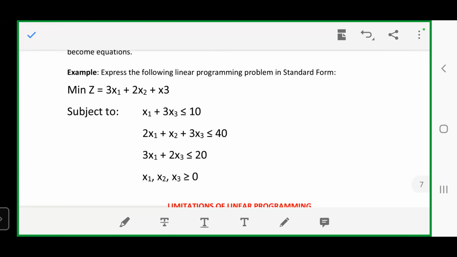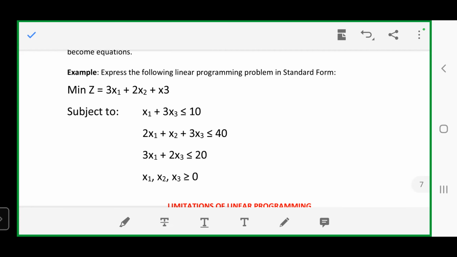In this question, we are asked to minimize 3x1 plus 2x2 plus x3, subject to what? Subject to x1 plus 3x3 less than or equal to 10.